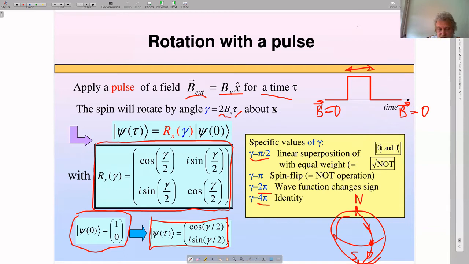Yeah, it's just a definition of gamma. So in this case, gamma is not a phase which is acquired by the wave function. Gamma is the angle at which the spin is rotated. So it's just a definition. One could use gamma here, but then you would have gamma over 2 for the spin. Does this answer your question? Just a convenient definition.